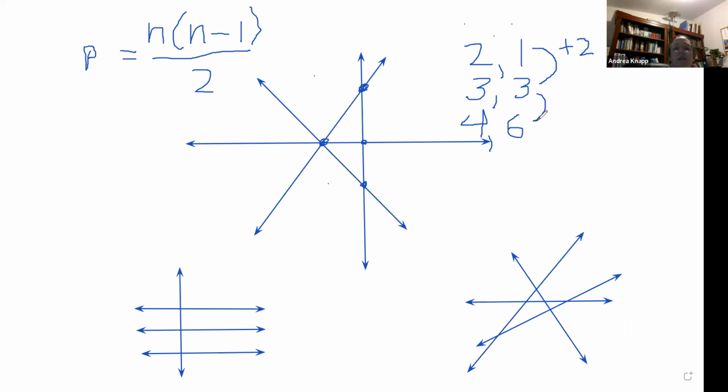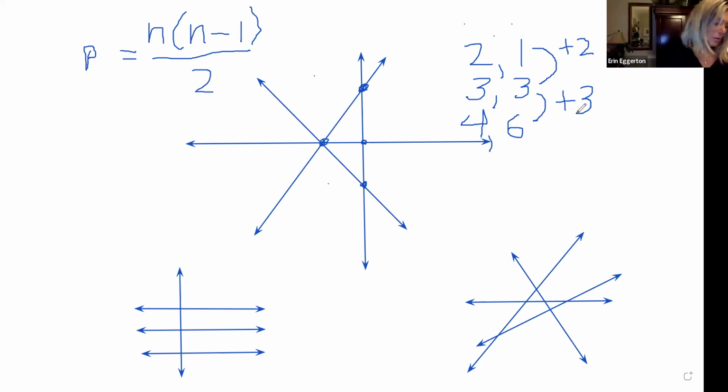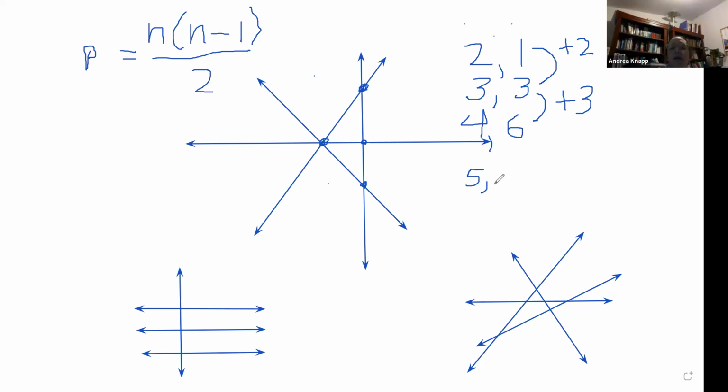And from 3 to 6 went up by 3. So it's making me wonder if the next one would go up by 4. Like, would you have 5, comma, 10 is what I'm wondering and what I'm thinking about.